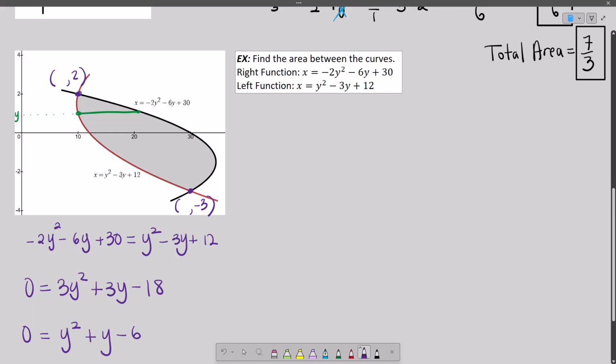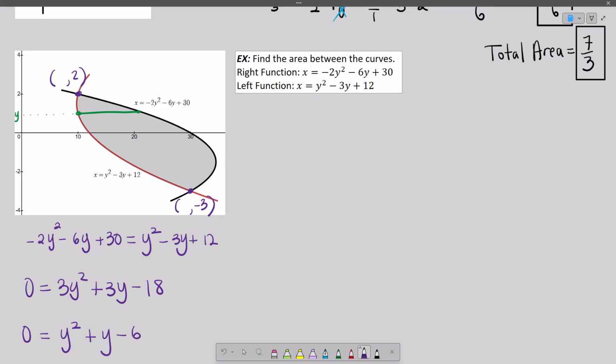Now we don't need the x values here because we're integrating with a horizontal element. We're integrating with respect to y, so we only care about the y values. We could find the x values pretty easily. We would just take the y value and plug it into either, and then we get the x value. We don't need it here, though, because we're integrating this way.